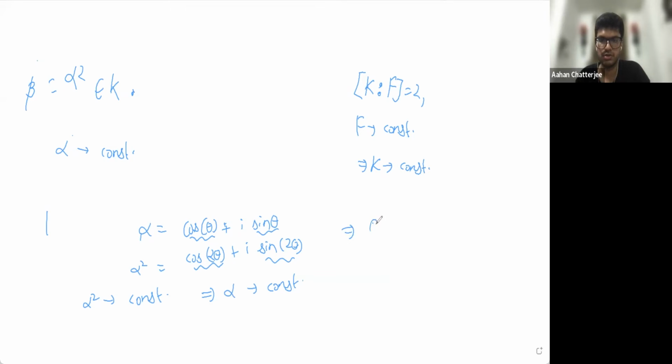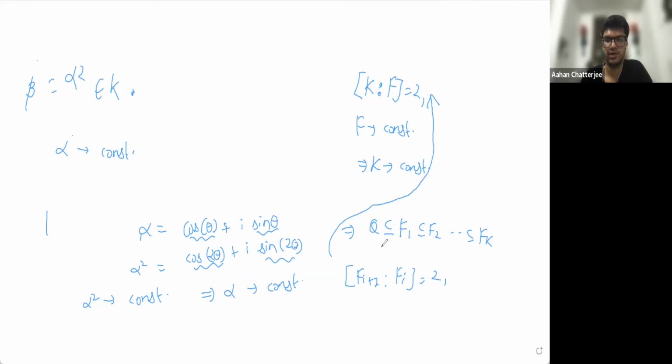Now if we can show that there exists a sequence of subfields Q ⊆ F1 ⊆ F2, until Fk, such that [F(i+1):Fi] equals 2, then by this lemma, and the fact that Q is constructible, we'll be done.